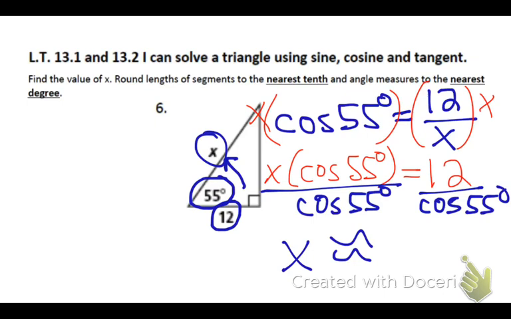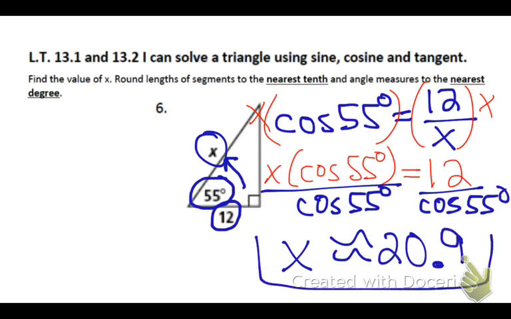So I like to do alpha y equals, so 12 divided by cosine 55. All right, looks like 20.9. So hopefully you're doing this on the calculator too, just to verify that it's working for you.